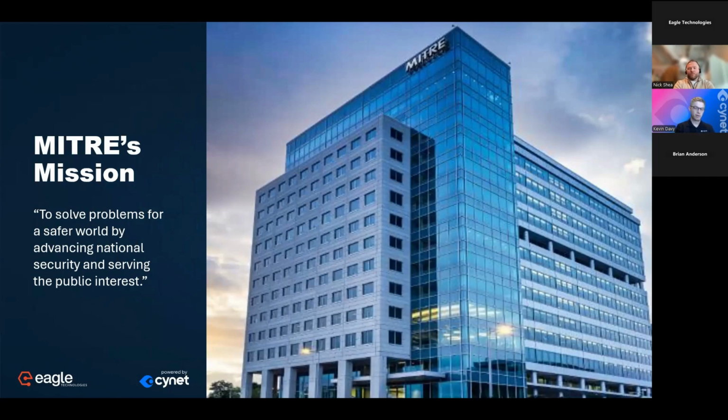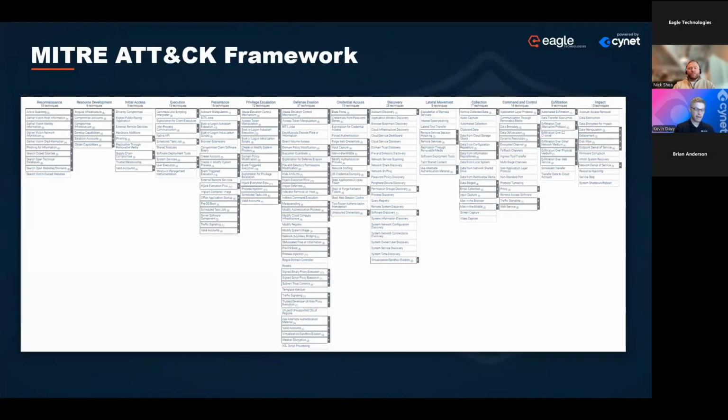MITRE really is designed to better the cybersecurity space. They are a nonprofit organization traditionally funded by U.S. government grants. One of the main things that they are known for is the MITRE ATT&CK framework.